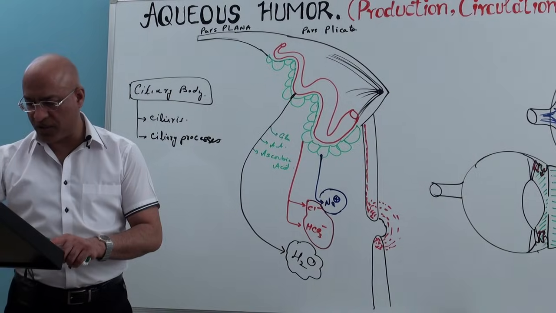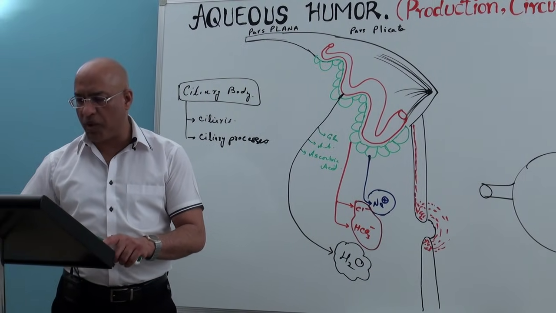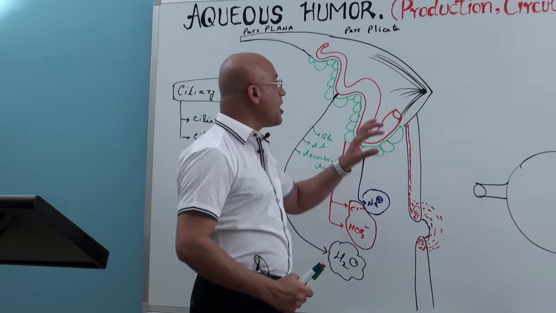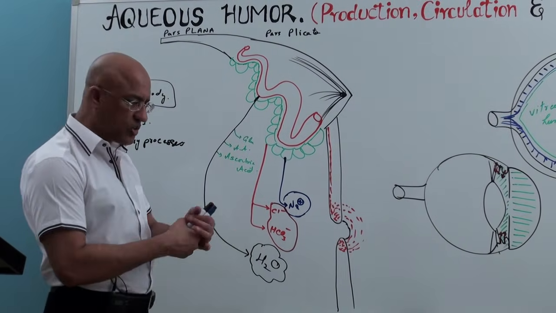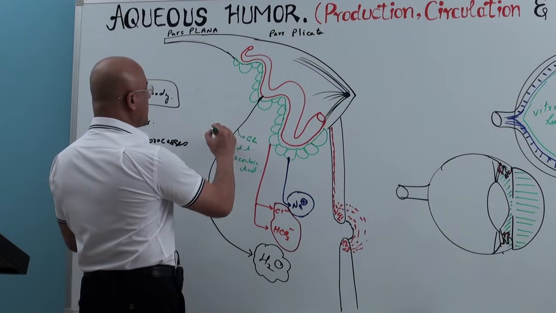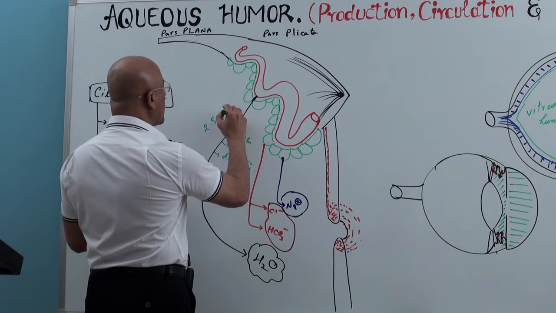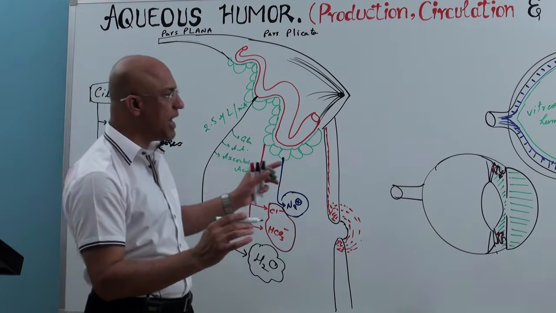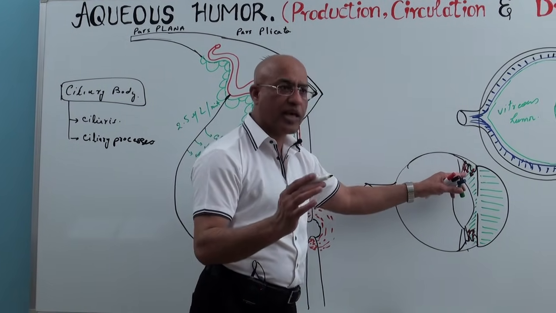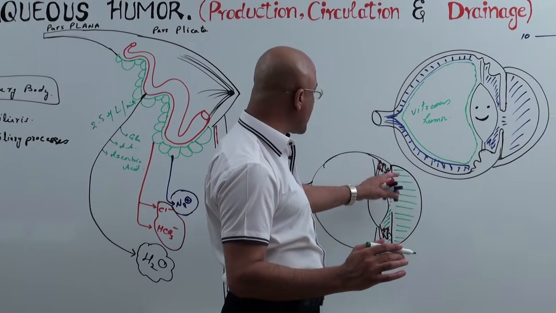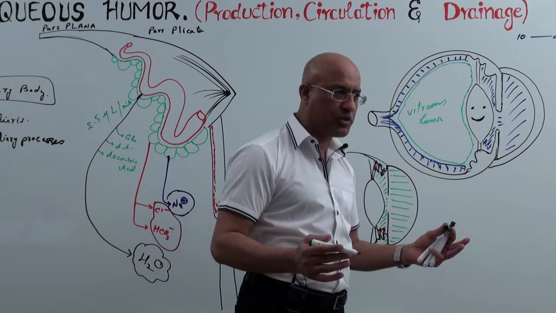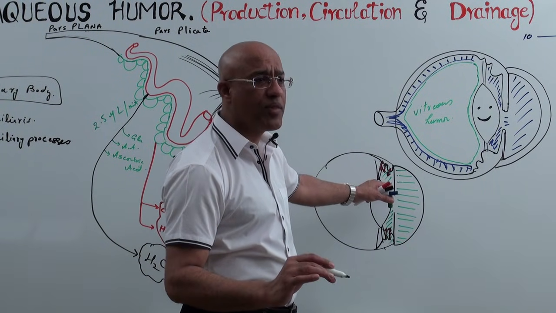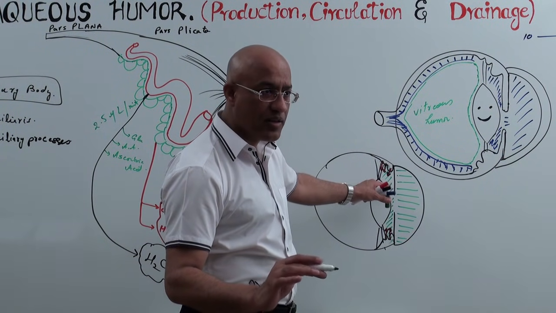Now we go to the next situation, and that is about the drainage, how it circulates and eventually drains, because it is continuously being produced at the rate of about 2.5 microliter per minute, right? Total volume of all the aqueous humor present in the posterior chamber and anterior chamber in a normal eye is approximately 0.3 ml, right? It's a very small amount.